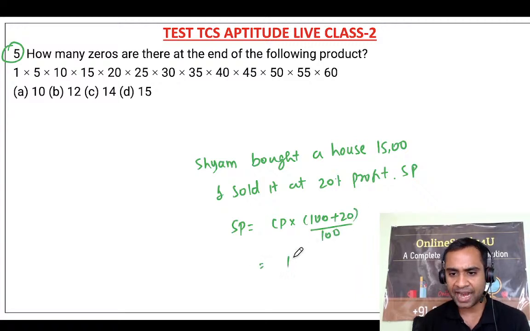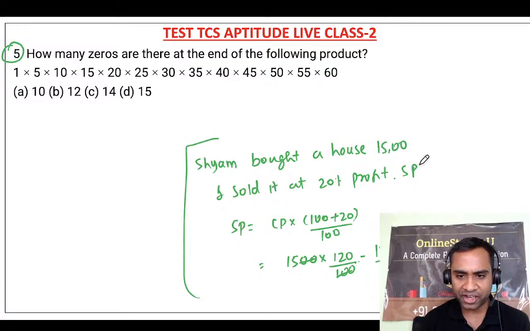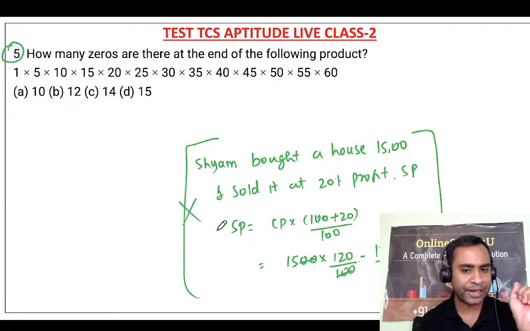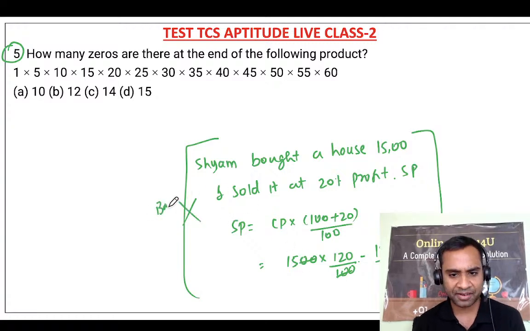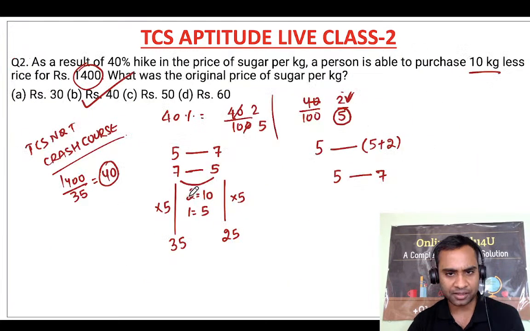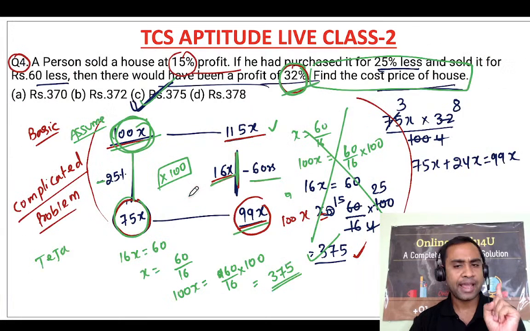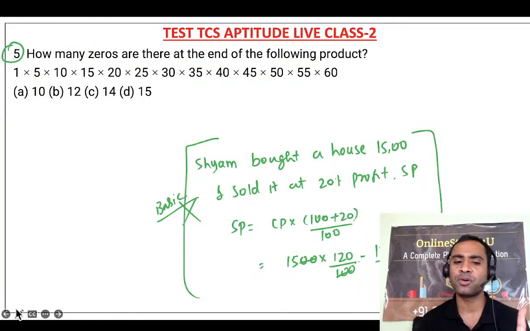If you want to crack TCS, you will have to solve this kind of problem with a smart approach. Otherwise you will not be able to solve the questions in the exam. These are very basic-level questions and will not be asked in the TCS exam. The questions you see here are the good ones, and you will get them in your examination. I can do questions only with respect to your examination.